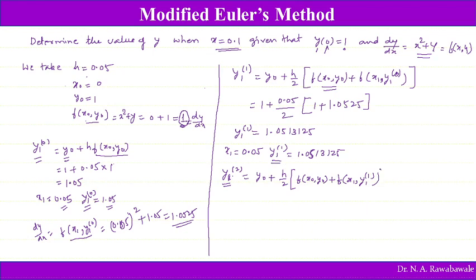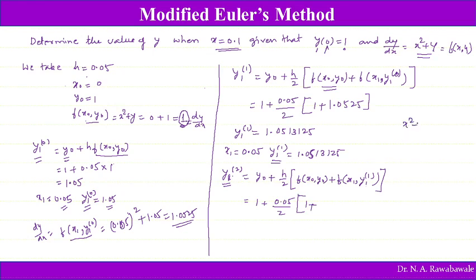The y0 value we know is 1, plus h value 0.05 divided by 2, plus f of x0 y0, which we know is 1, plus f of x1 y1 of 1.